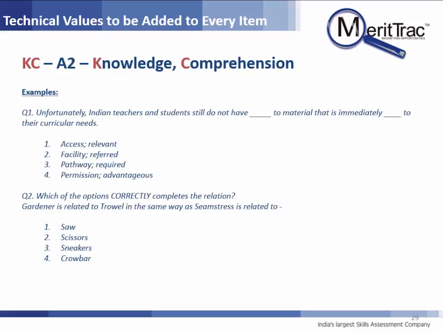I will come to the next slide, where knowledge and comprehension are part. I will take you to the second example here. Which of the options correctly completes the relation? Gardener is related to trowel in the same way as seamstress is related to saw, scissors, sneakers and crowbar. Now, it is not only knowing what a gardener is or what a trowel is, what a seamstress is.